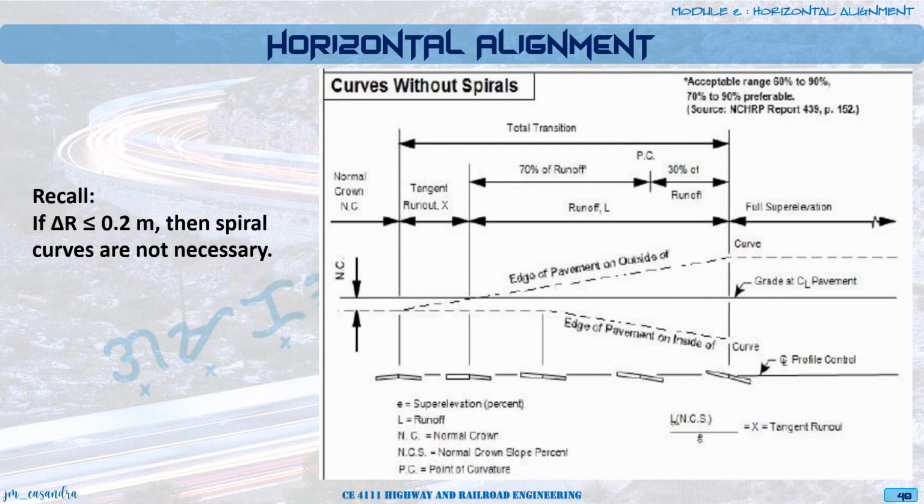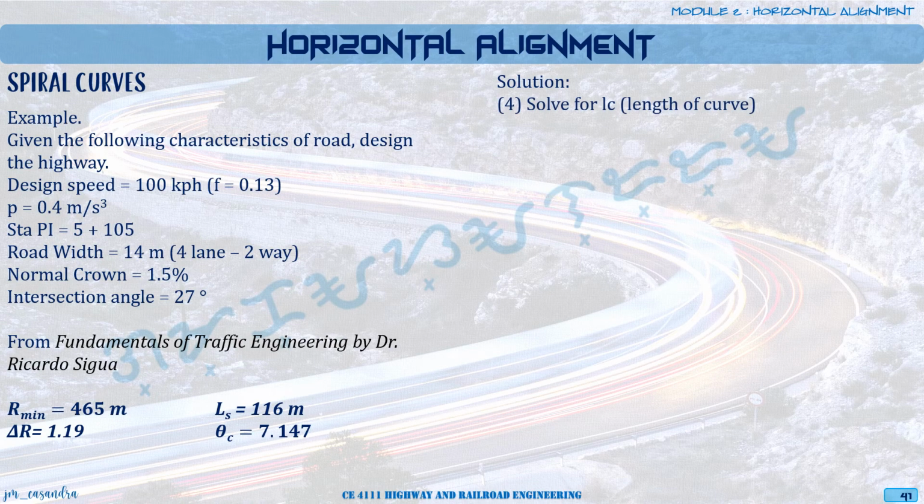So we'll simply apply the usual design of our super elevation, which is the 70% runoff and the 30% runoff for our super elevation. Okay? So once we have identified our delta r, there's a need now for a spiral curve.